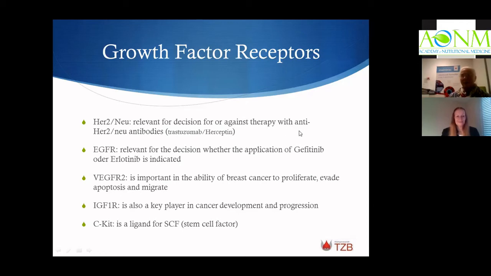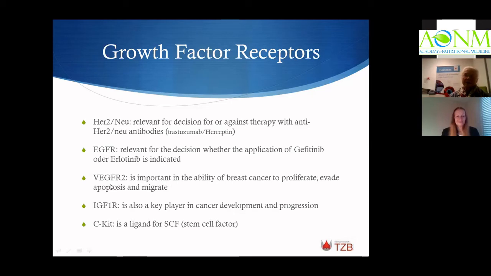But now, there are anti-HER2 antibodies available, and the prognosis has changed. EGF receptor is relevant in lung cancer and for application of gefitinib or erlotinib.